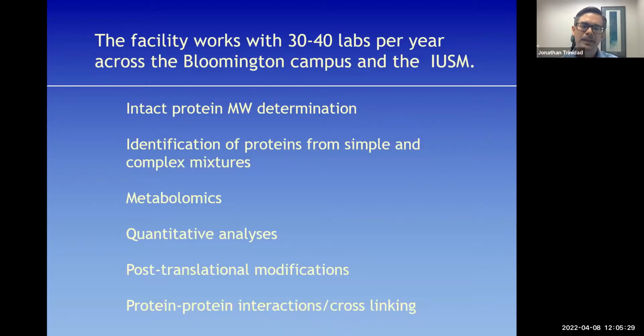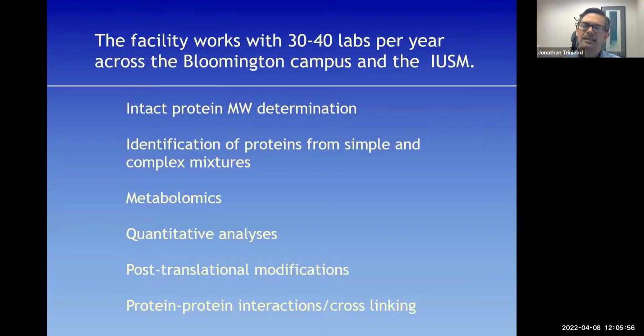Something simple like an intact molecular weight determination, or something more complex like native electrospray, where we try to preserve the three-dimensional structure of proteins during the electrospray process, so that we can look at larger protein complexes. The bread and butter of proteomics these days is identification of proteins, from very simple to very complex mixtures.